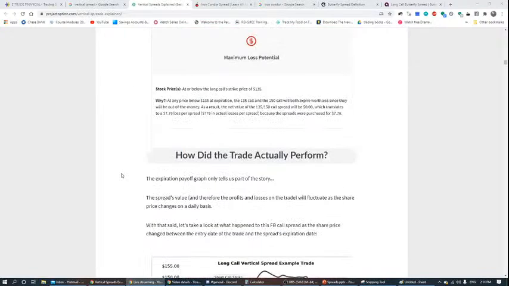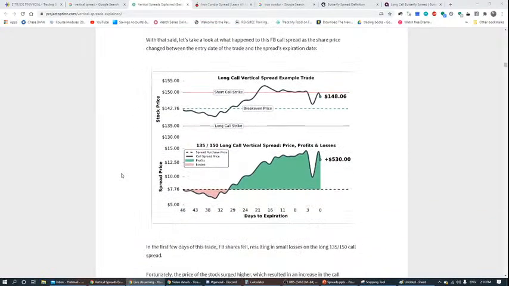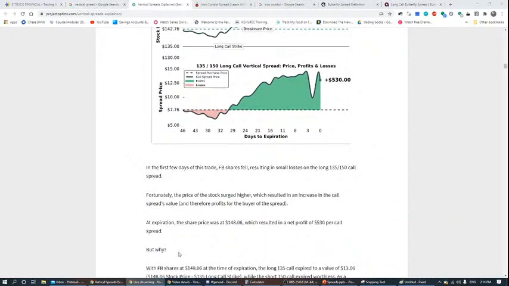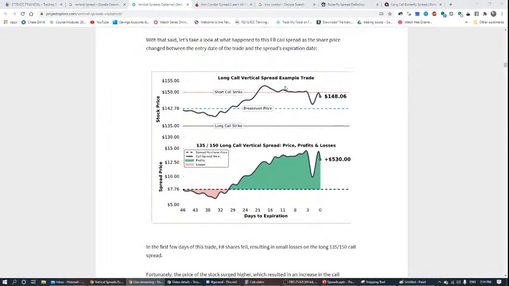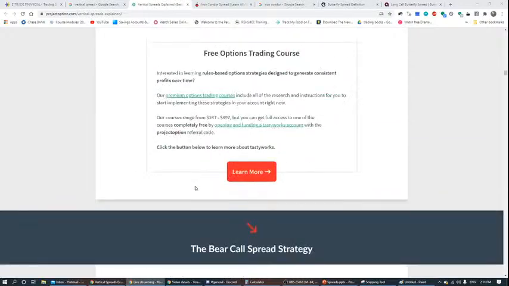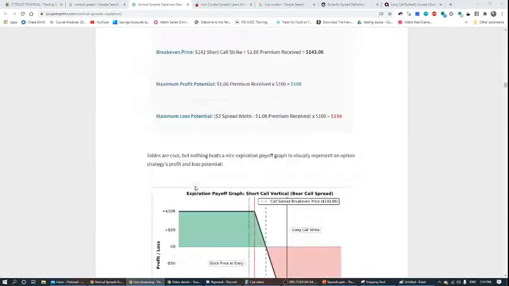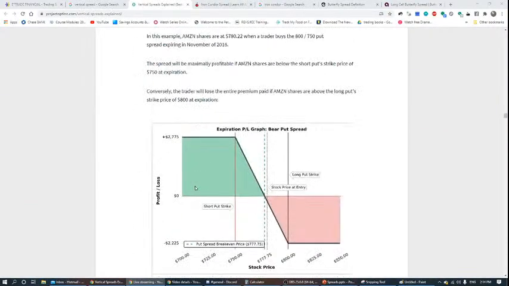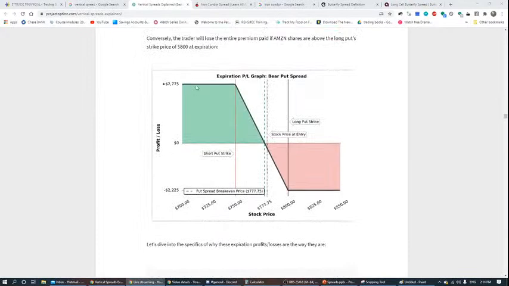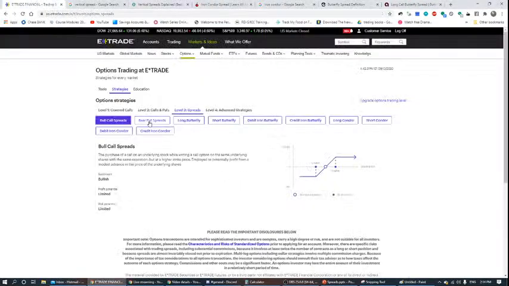So let's see. You guys all can read this. I'm going to put a link in the description below. This just tells you, if you're bullish, this is where the stock's going. If it's bearish, let's do puts. Put spreads. You think the stock's going to go lower?